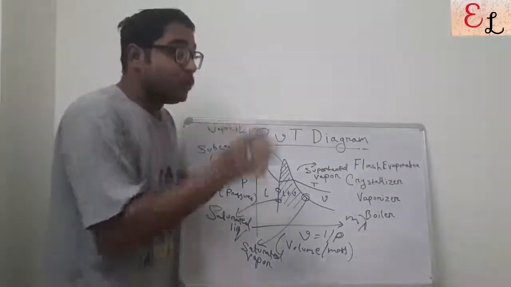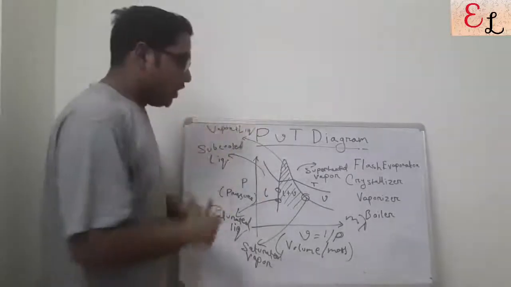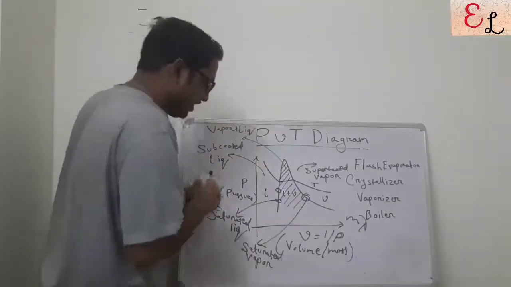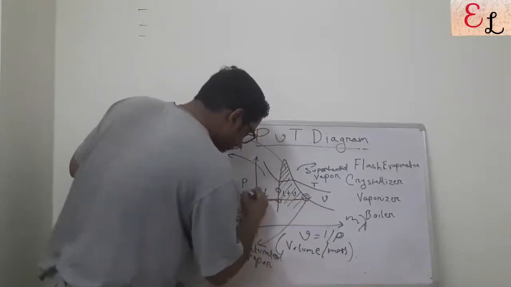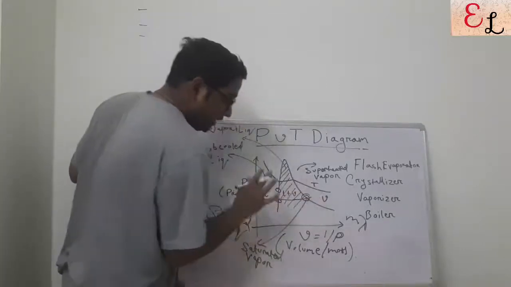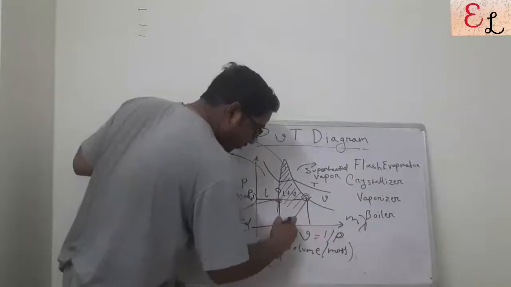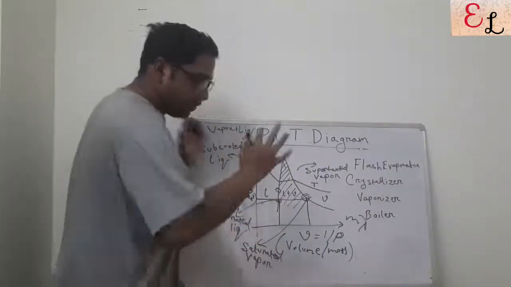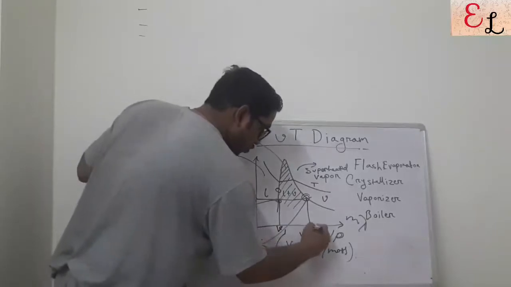What changes is the volume. That is, liquid of this much volume will transform into vapor of this much volume. So if at a particular pressure, supposedly P1, the phase change is occurring, with no change in pressure, only the specific volume will change, because the volume increases in the process. So this is V1, this is V2.